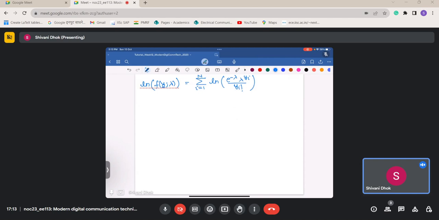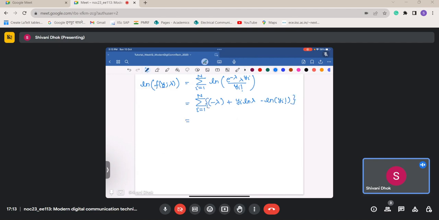Now again these are products of some quantities, so I can write it as the summation i equal to 1 to capital N of minus lambda plus yi into log lambda minus log of yi factorial.